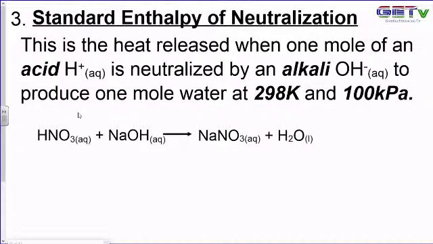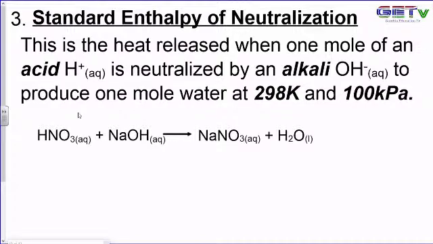Now we can have a reaction that is HNO3 aqueous plus NaOH, that is trioxonitrate(V) acid is reacting with sodium hydroxide, all in aqueous form. They will produce sodium trioxonitrate(V) salt plus 1 molecule of water.